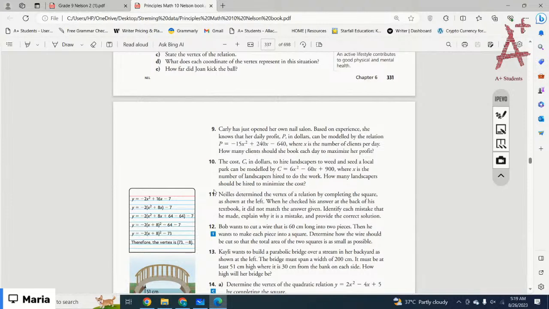Based on experience, she knows that her daily profit P in dollars can be modeled by the relation P equals negative 15x square plus 240x minus 640, where x is the number of clients per day. How many clients should she book each day to maximize her profit?